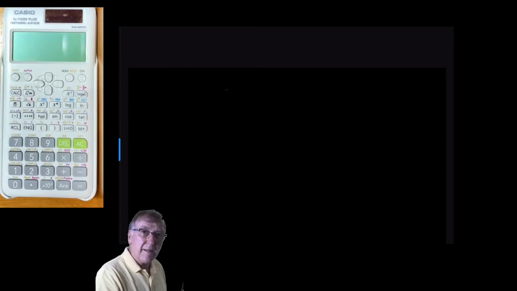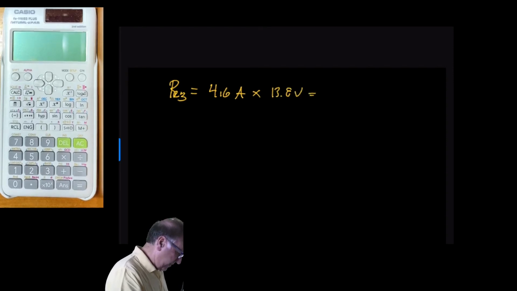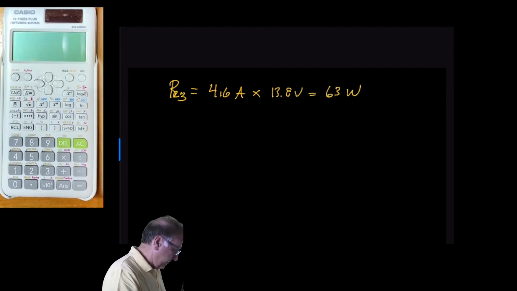Now let's calculate the power dissipated by R3. So power of R3 is equal to 4.6 amps times 13.8 volts, and that's equal to 63 watts.